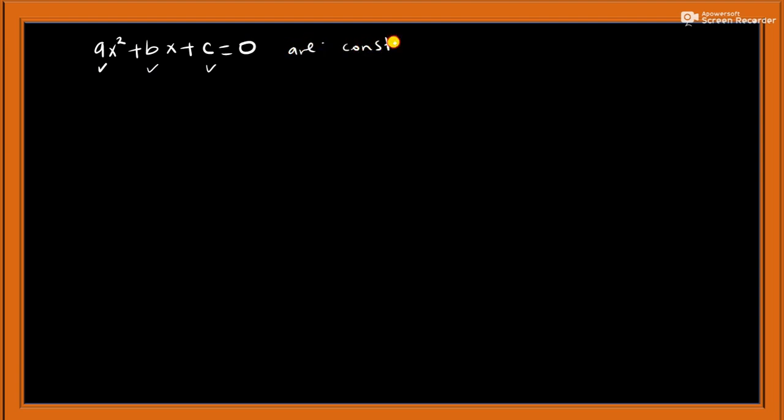A, b, and c are constants, and a must not be 0. This is what we call a quadratic equation.